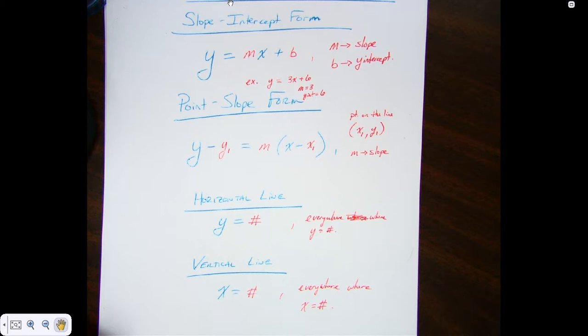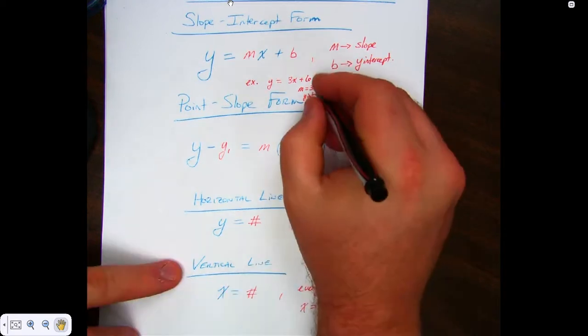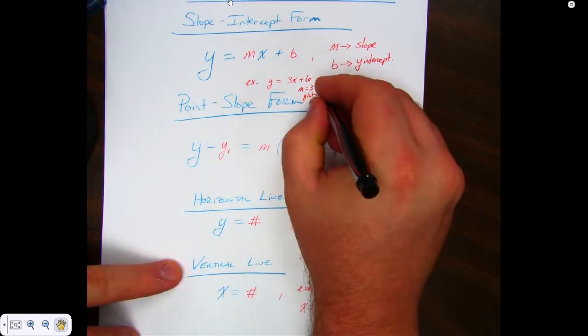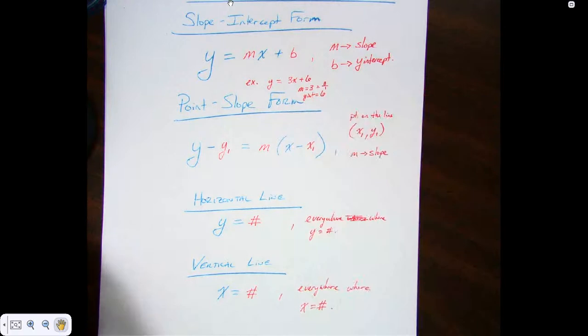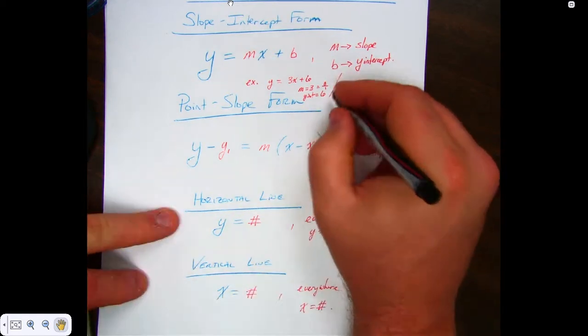And from there, you guys remember how you do slope? When you write this slope, I would suggest writing it as 3 over 1, because it means you go up 3 to the right 1. Give me another example of slope-intercept form.